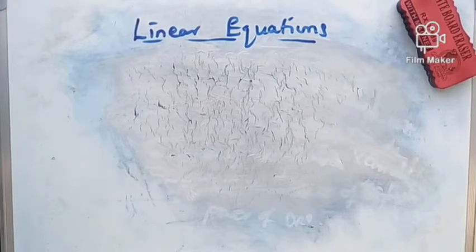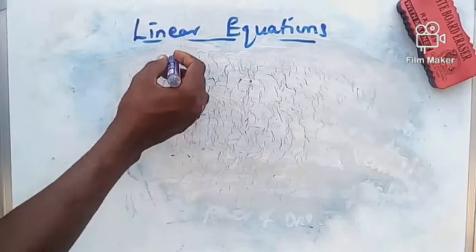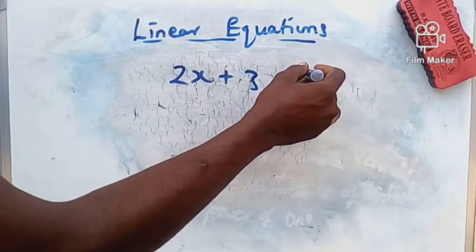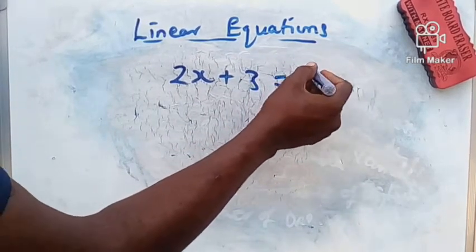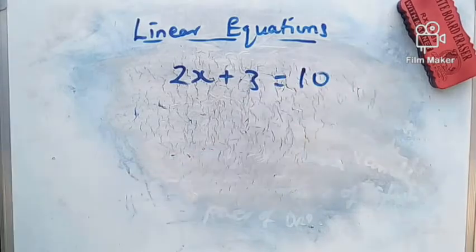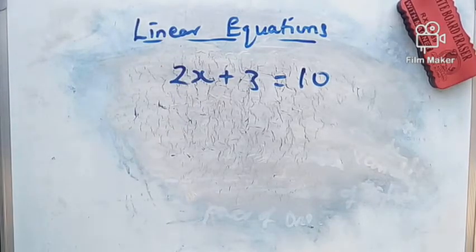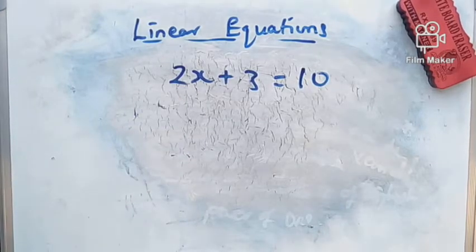So let's start off with how can we solve linear equations when we see them. So let's take an example. If we have 2x plus 3 equal to 10, the question is find x. To solve this problem, there are basic rules that we follow in order to tackle problems on linear equation.